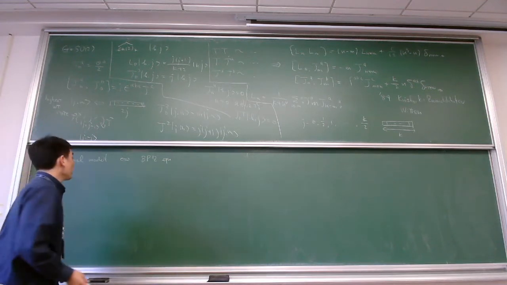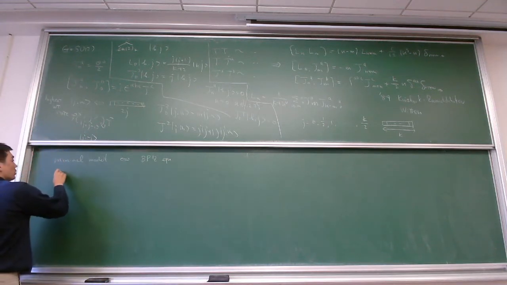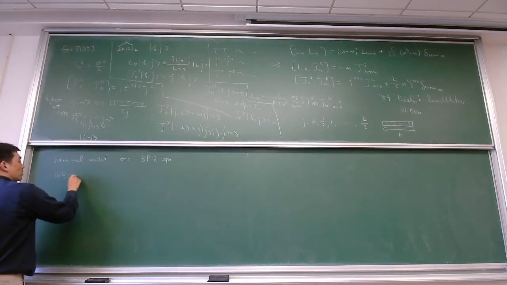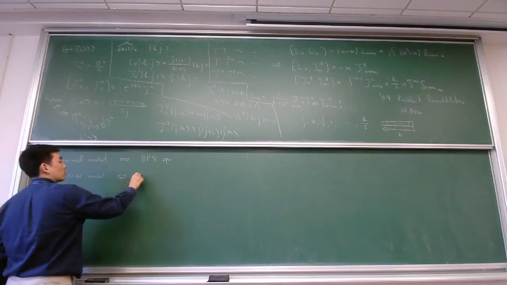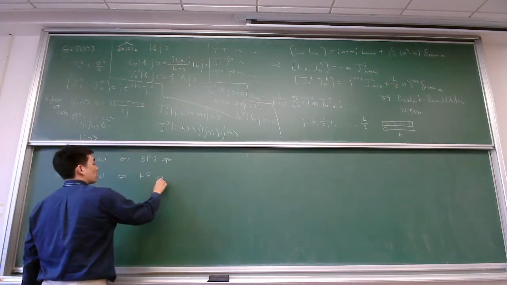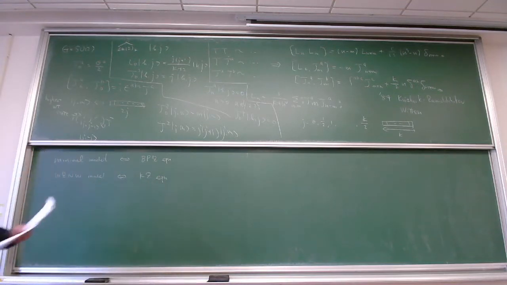I already explained that. And with the Wess-Zumino-Witten model, we get the so-called KZ equation. KZ means Knizhnik-Zamolodchikov differential equation.